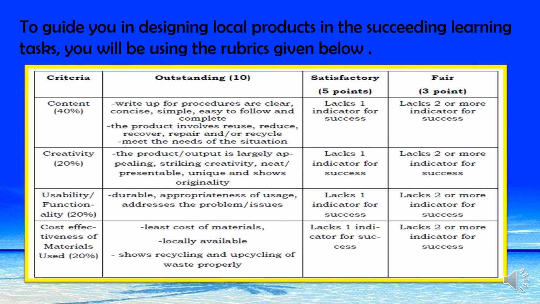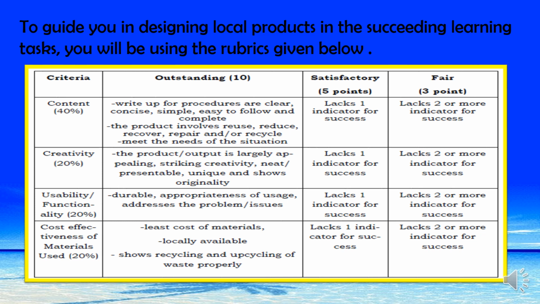So you will get outstanding, or 10 points, if the procedures are clear, concise, simple, easy to follow, and complete. The product involves reuse, reduce, recover, repair, or recycle, and meets the needs of the situation.